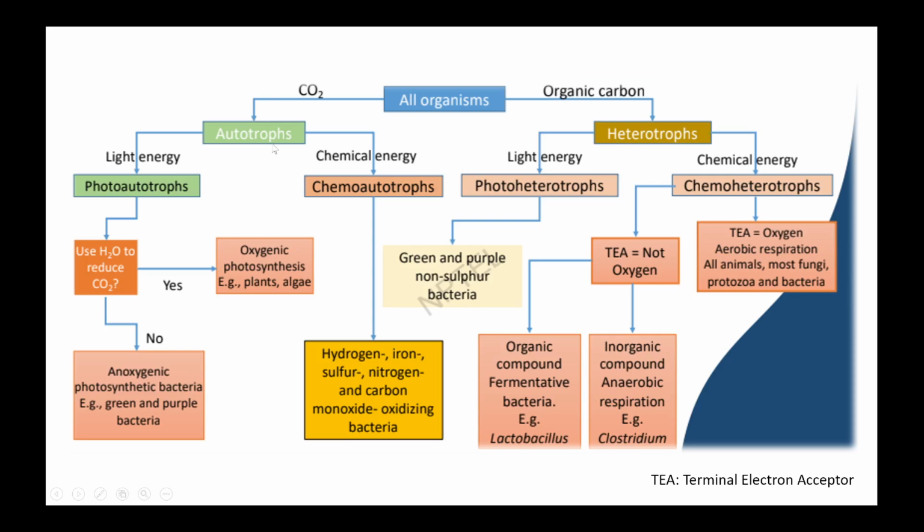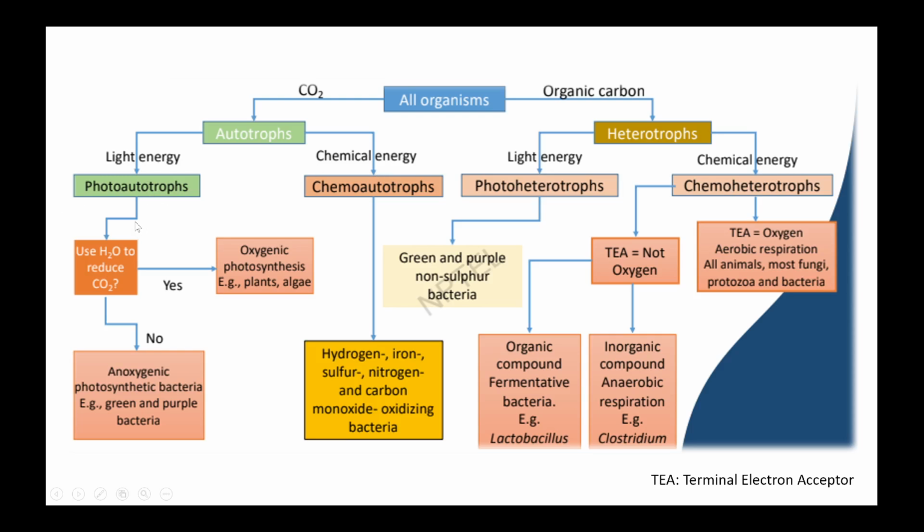Then comes the energy source. If they are using light energy, then photo is used as prefix, so photoautotrophs or photoheterotrophs. If they are using chemical energy, then chemoautotrophs or chemoheterotrophs. So this is the basic division: photoautotrophs, chemoautotrophs, photoheterotrophs, and chemoheterotrophs.